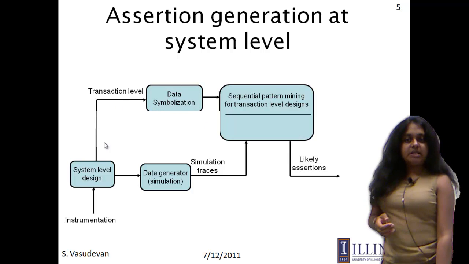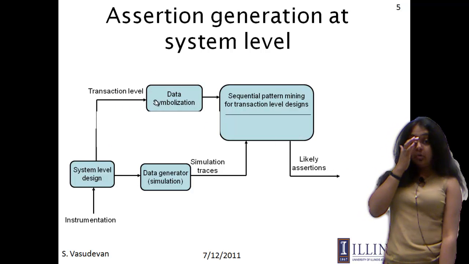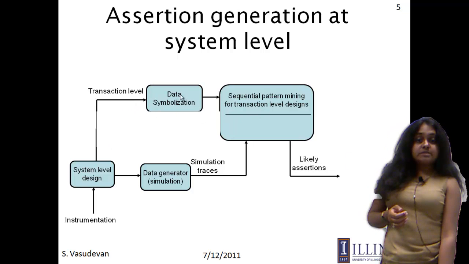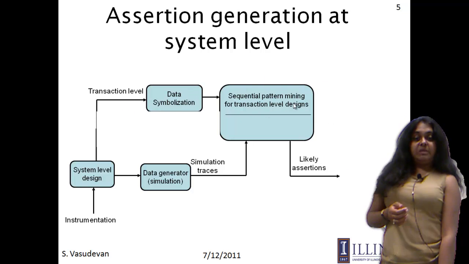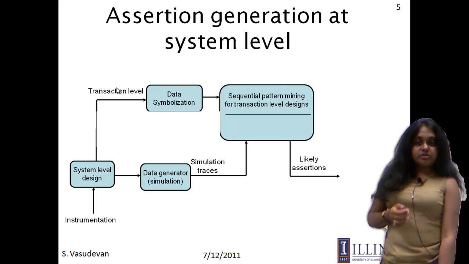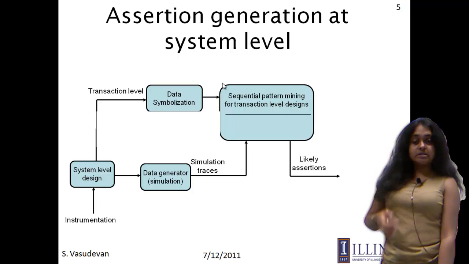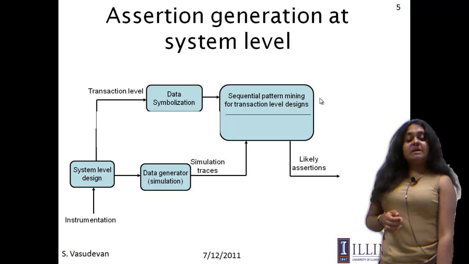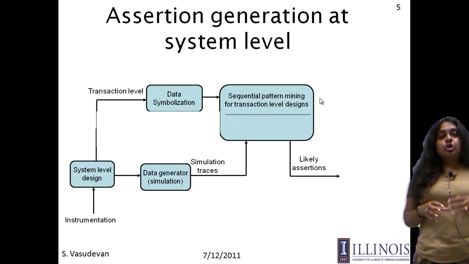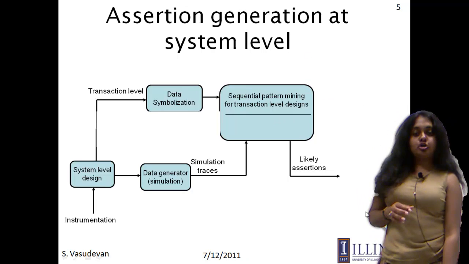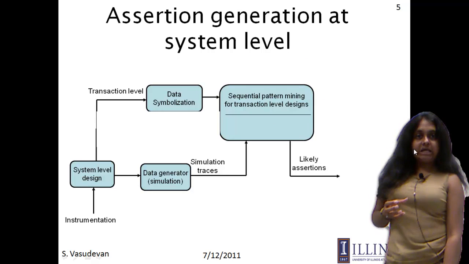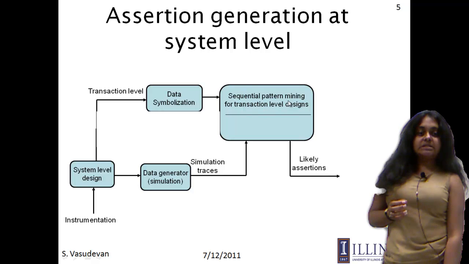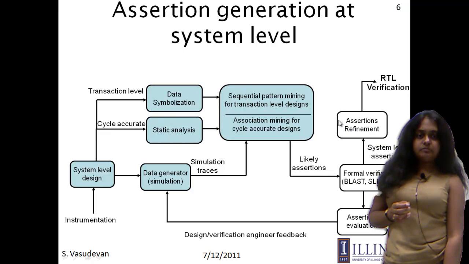So, at the transaction level, the flow is slightly altered, because we use the sequential pattern mining algorithm for generating transaction level assertions, and we also use data symbolization, which is basically a technique to generalize or to create a symbolic version of these assertions that are generated by the sequential pattern mining algorithm.